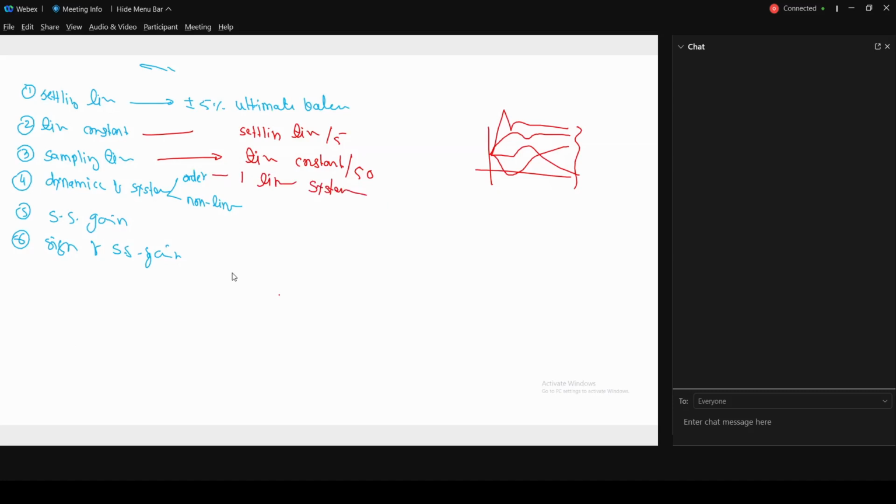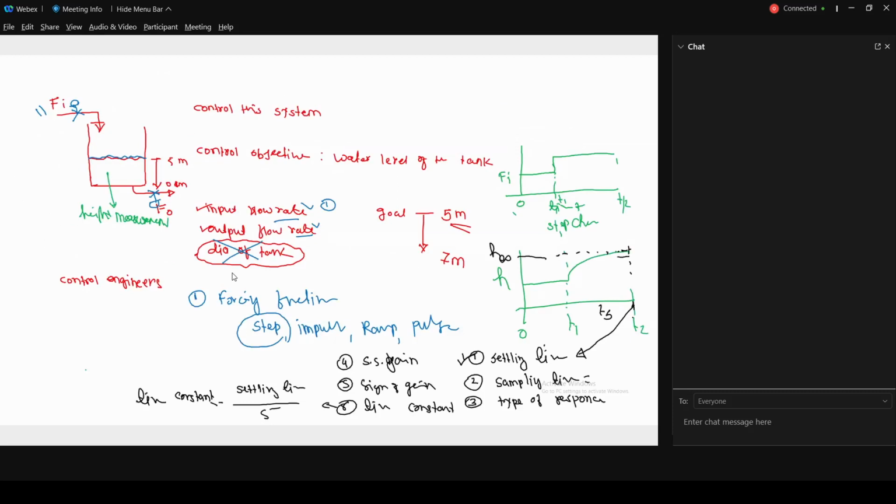Now, steady state gain. Okay, so what is gain? Gain is change in output divided by change in input. That value basically tells me that if I change Fi from a value of A1 to a value of A2, my output height is changing from H1 to H2. So for example, going back to the figure here, shall I say this is my value H1.